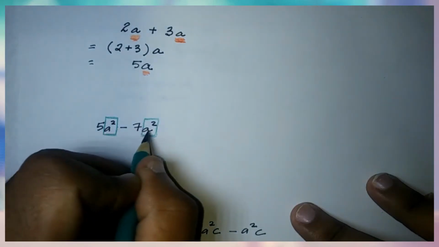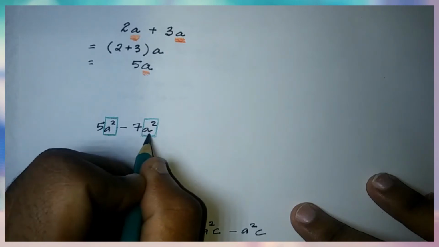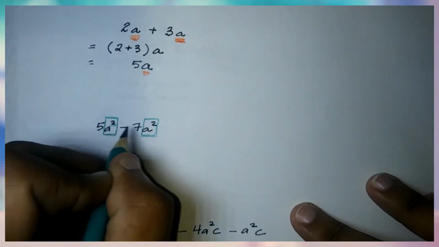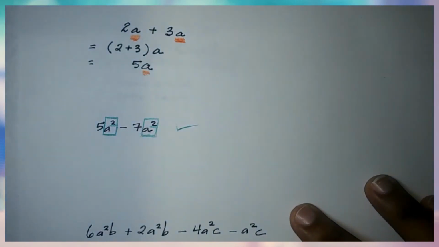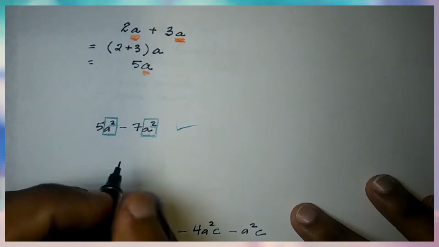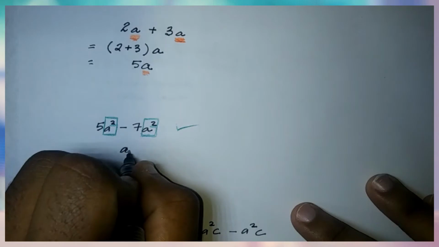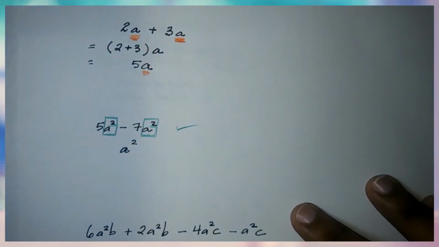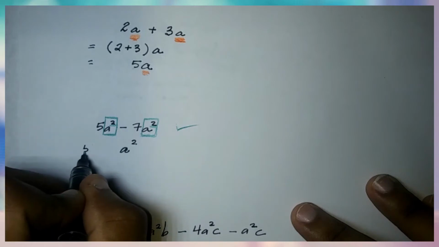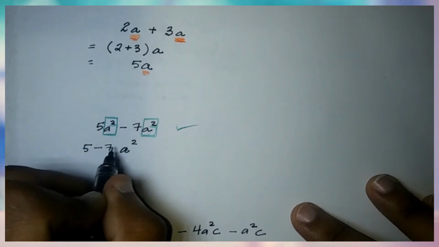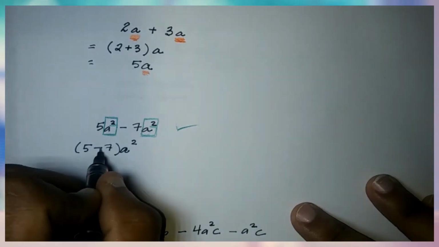Same variable, a, same power, 2. So these are definitely like terms. So what I can do is keep back the term, the variable, and the power, and I'm putting the coefficients together. 5 take away 7, and I'm putting them in brackets.